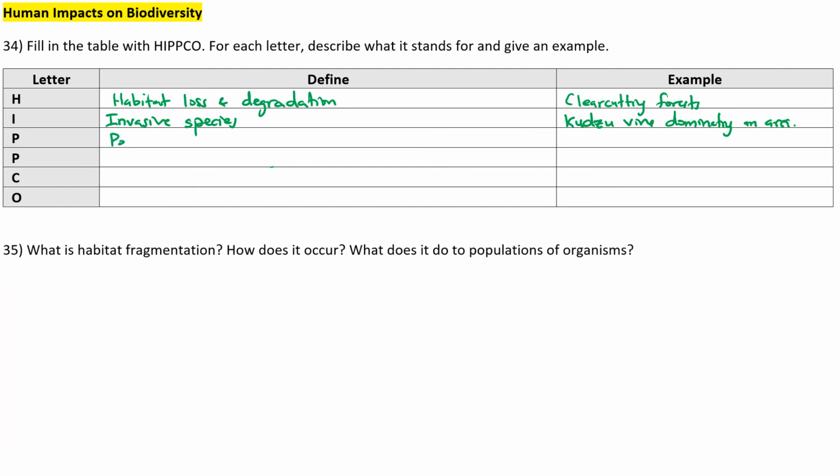Population growth. So the population is maintained by medicine. So we have medicine helps maintain the population.